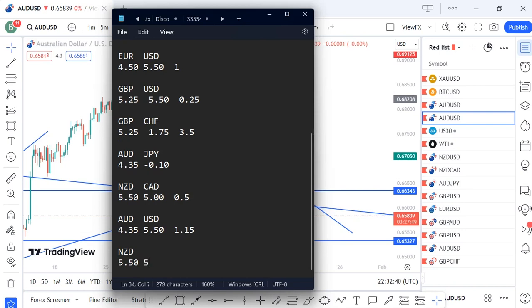USD is 5.50. So what do you notice here? You want to look for the interest rate differential. It's going to be 0. So when you compare both of them, you see that they are equal. So when we have equal interest rates, what happens to that pair, New Zealand USD?